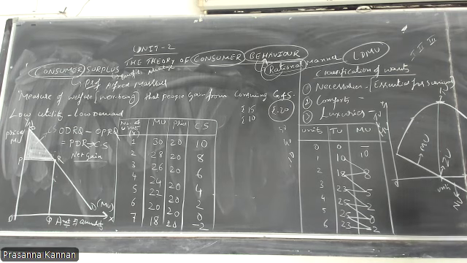Now for this, I would like to take one simple example of a table and diagram, then we'll wind up. Another 10 minutes, that's all. I think we can wind up by 1.